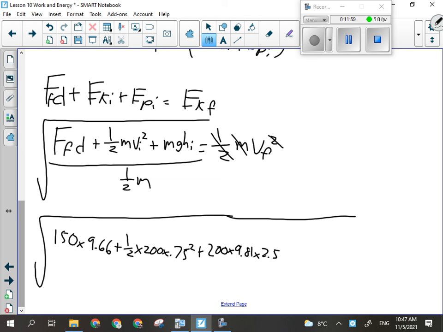And then I'm going to divide all of that by 1/2 times 200, and then I'll square root it all. Everybody with me so far?